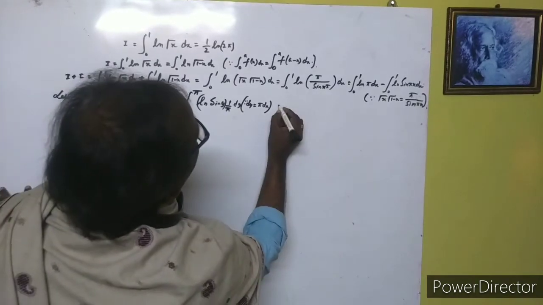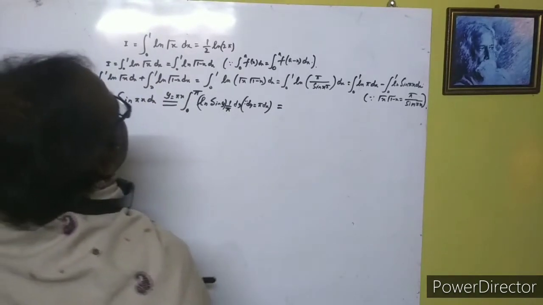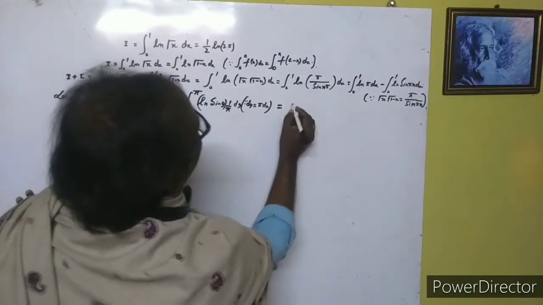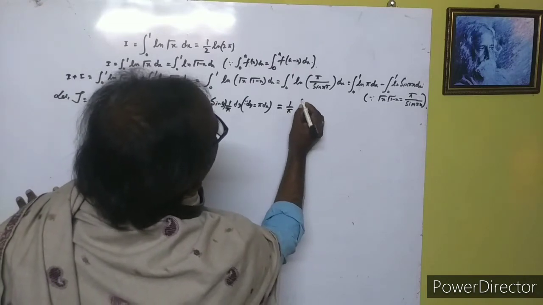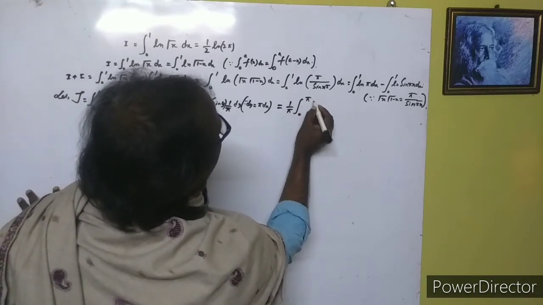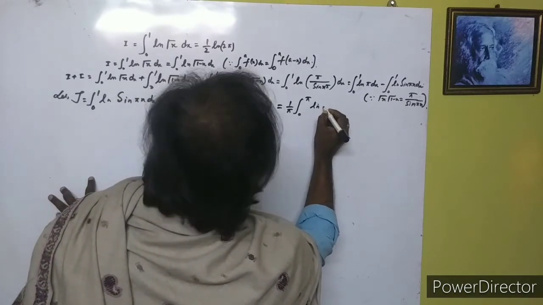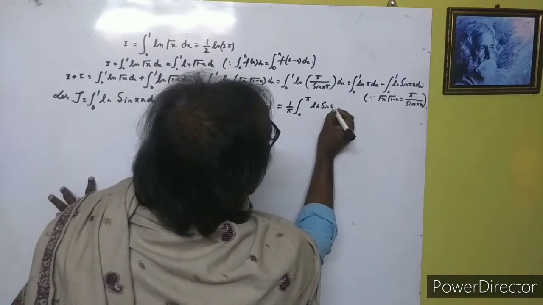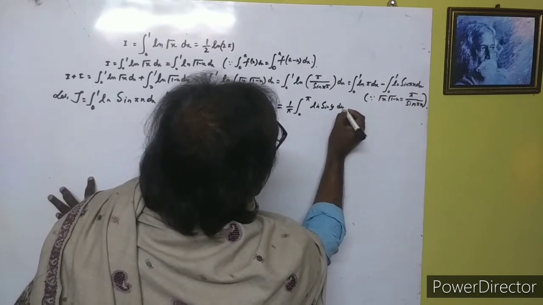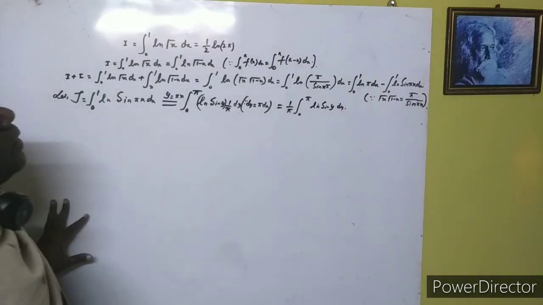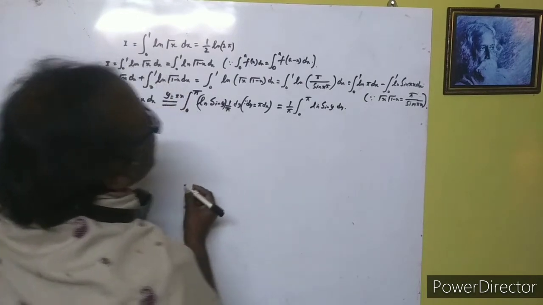This is equal to 1 by pi times the integral from 0 to pi of ln sin y dy. Let us call this integral 1.